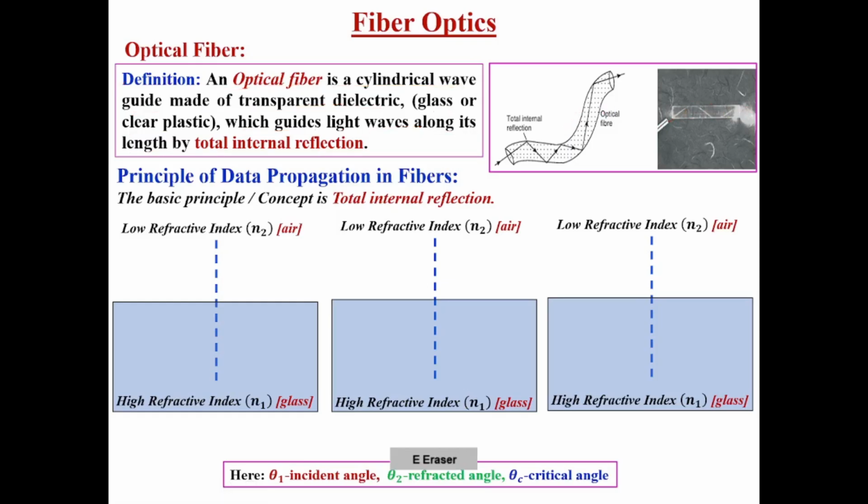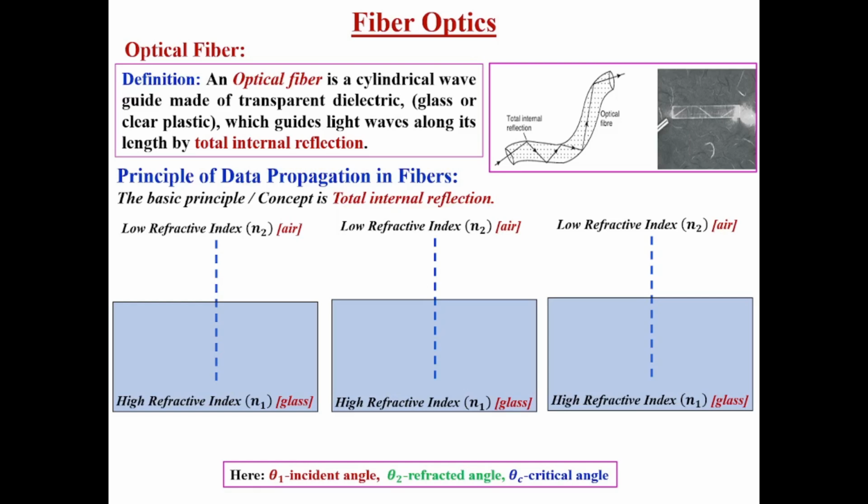So here the principle of data propagation or light propagation in the fiber is nothing but total internal reflection. How much data will be propagated through these fibers, we are going to discuss in our next slide.